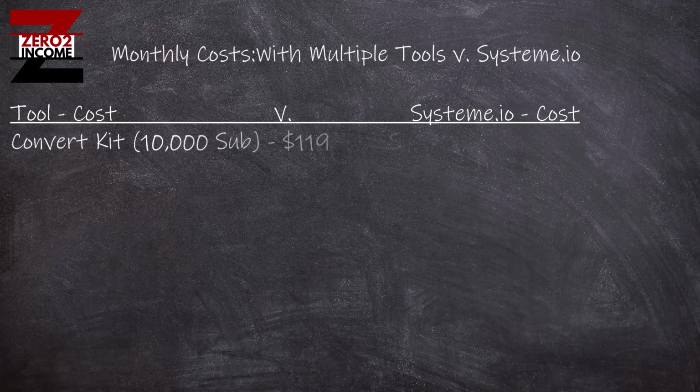And if we look at the pricing page for ConvertKit, it's not $119 per month for the starter plan, but with System.io's webinar plan, you get 10,000 subscribers. So I wanted to compare the 10,000 subscribers you get with System.io's webinar plan for $47 a month to ConvertKit's cost with 10,000 subscribers. So let's pop over and take a look at this.